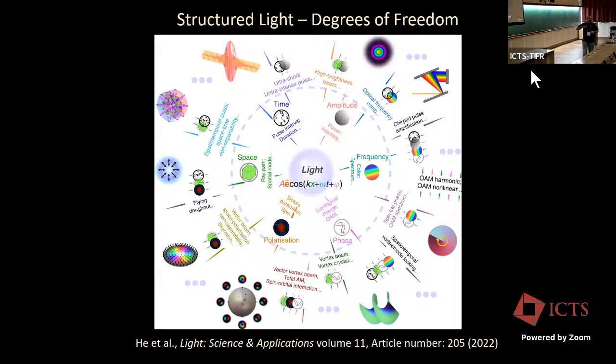This is just a snapshot of the power of light. A simple equation, for example, what is displayed here: essentially the cos of kx minus omega t plus phi, times A, times this particular vector, which is associated with the orientation of the polarization.